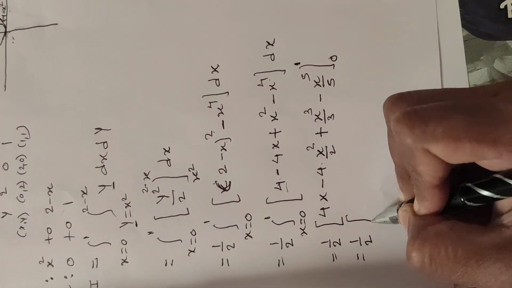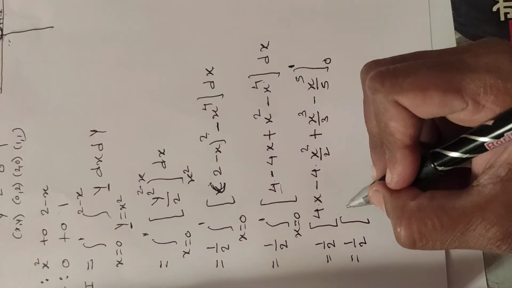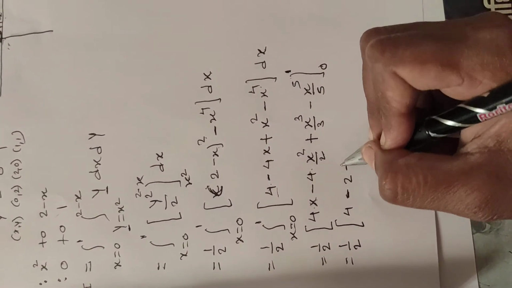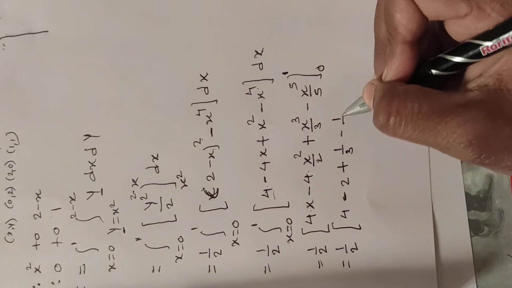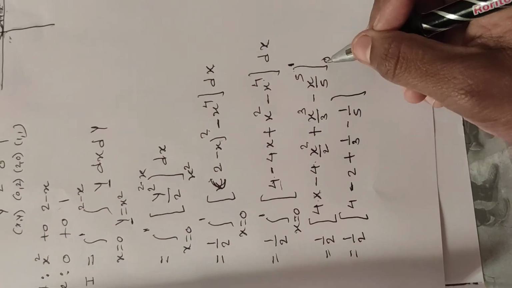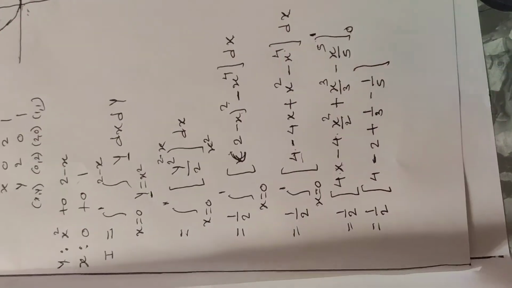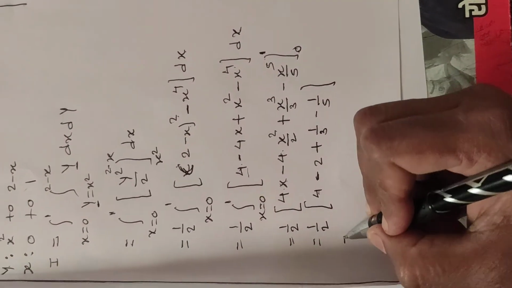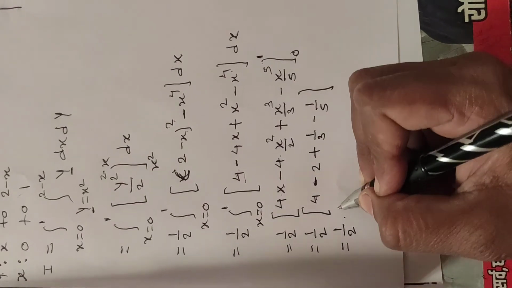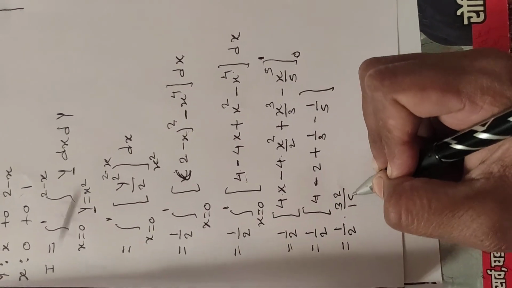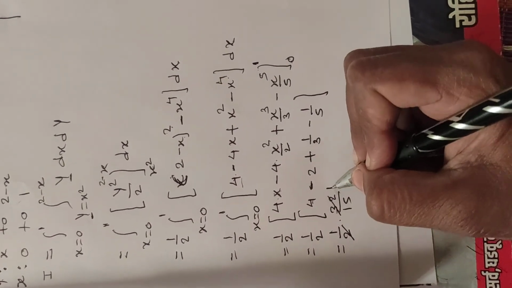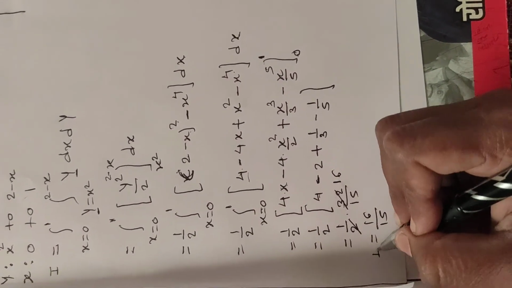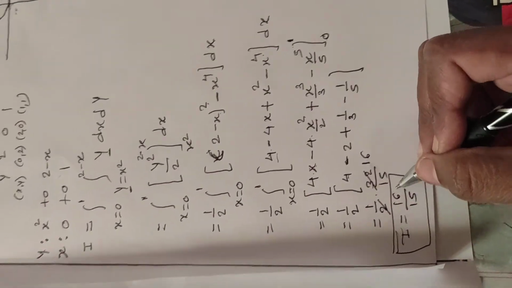So with 1/2, first put x equal to 1: 4 minus 4 by 2, which is 2, plus 1 by 3 minus 1 by 5. If we put the lower limit, the whole term goes to 0. Simplifying this bracket, we get 1/2 into 32 by 15. So 2 divided into 32 gives 16. The answer of this example is 16 by 15.